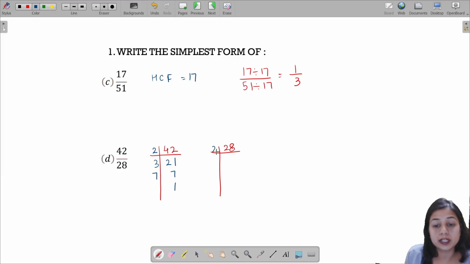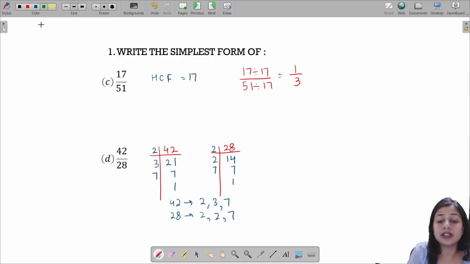So 28, 2 times 14 is 28, 2 times 7 is 14, 7 times 1 is 7. So here we are going to write the factors of 42. Factors of 42 are 2, 3 and 7. Then factors of 28 are 2, 2 and 7.